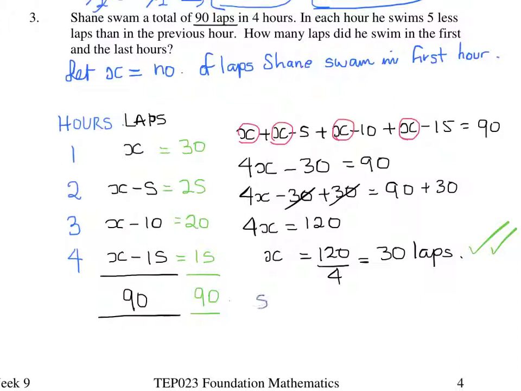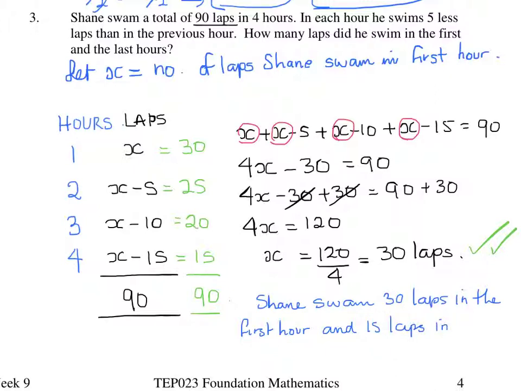So we'll need to write: Shane swam 30 laps in the first hour and 15 laps in the last hour.